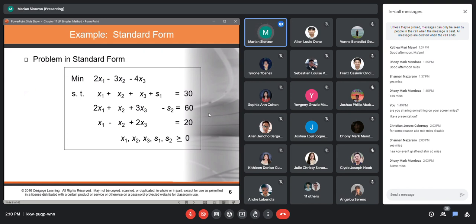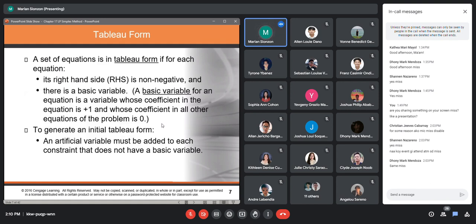However, you cannot put this in the initial table because this one is minus, this one has nothing as initial, no? Absorption. So what is being done here? A set of equations is in table form if for each equation its right hand side is non-negative and there is a basic variable.